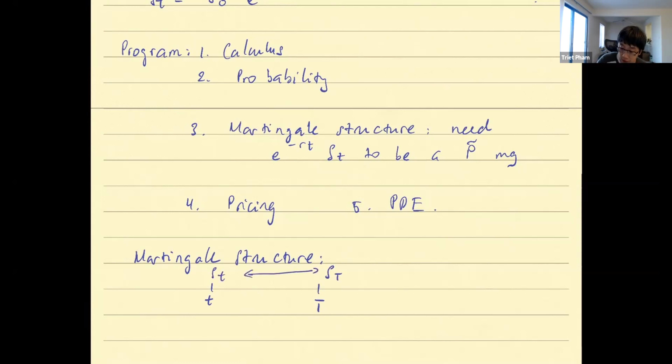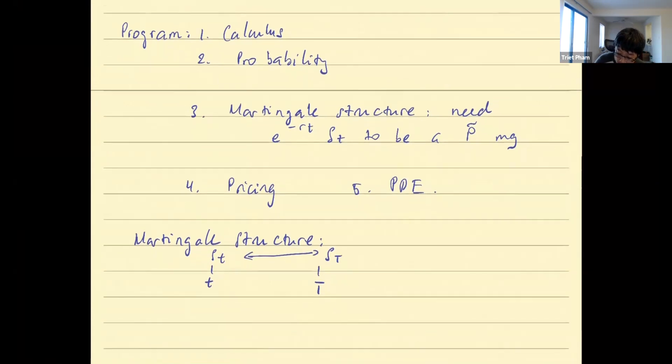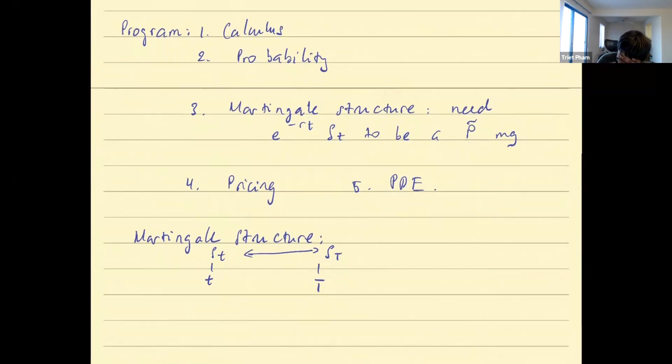In other words, a future process S big T must have current value S little t. That's like a truism that everyone would say. There's nothing there. But translating to the language of math is a substantial relation because it tells you that this must hold.